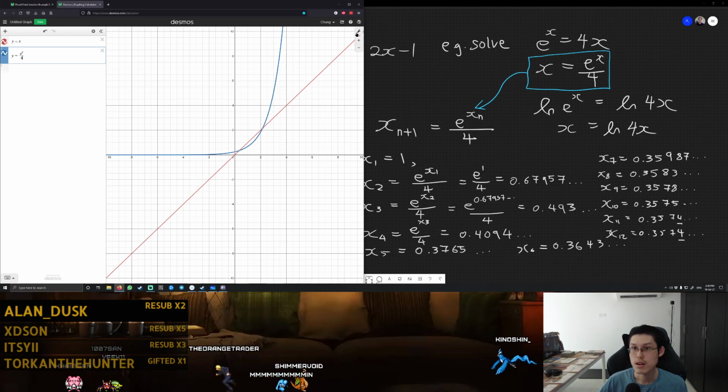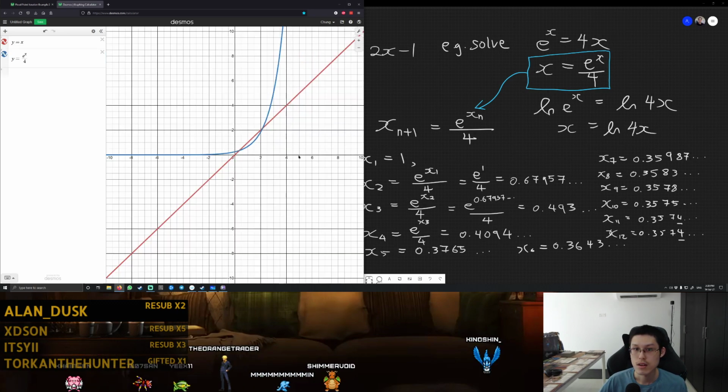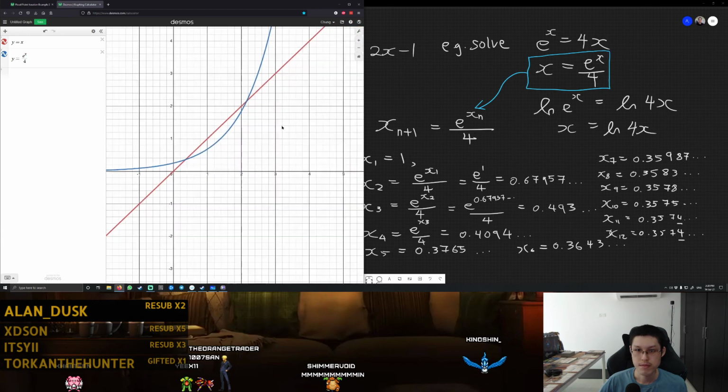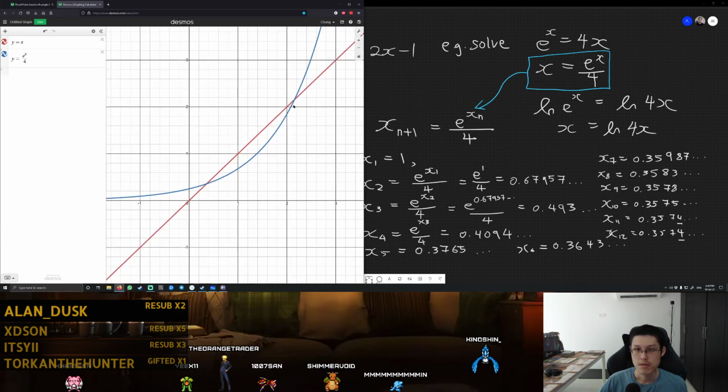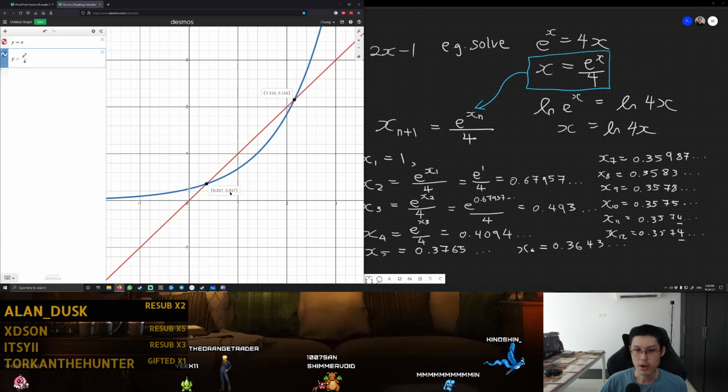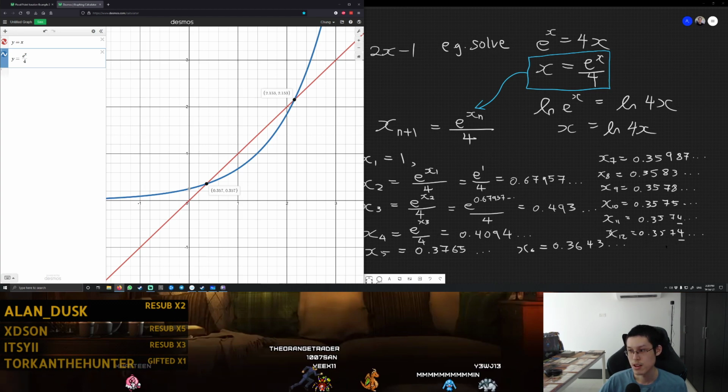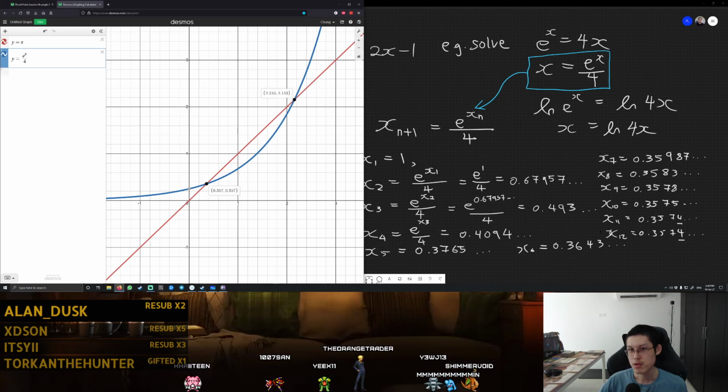All right. As you can see, it intersects at these 2 points here. And one of the points that they intersect at is 0.357. Oh, 0.357. Ta-da!